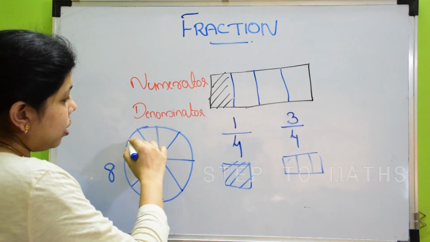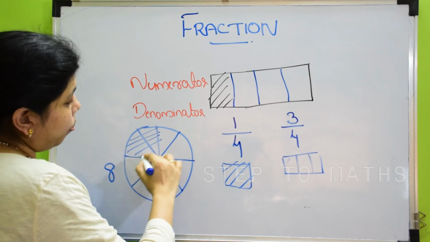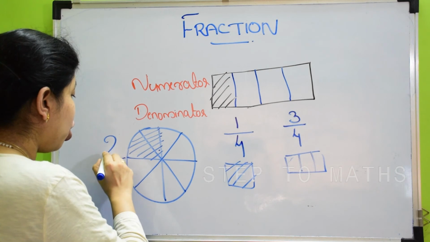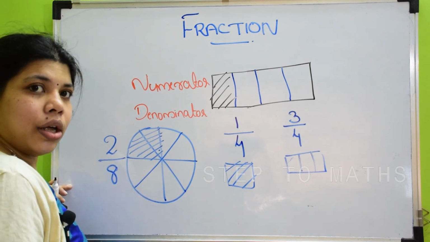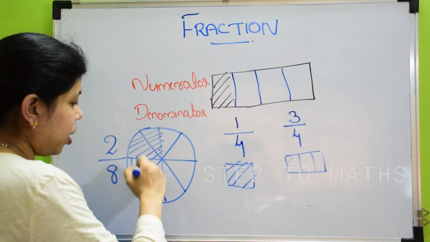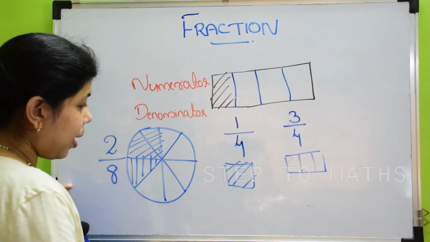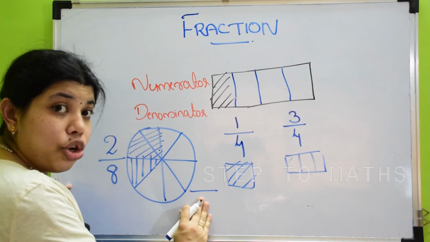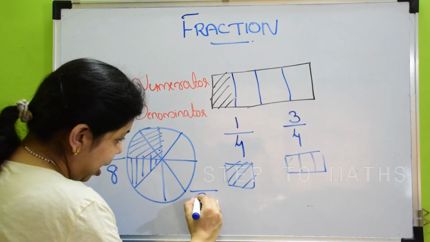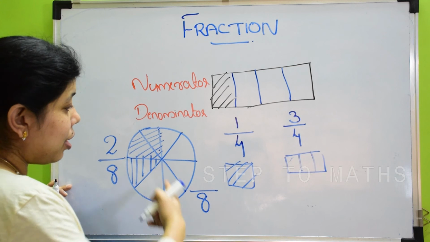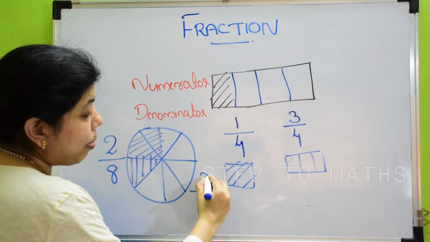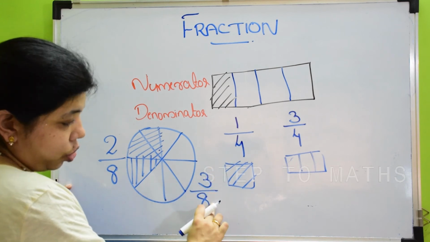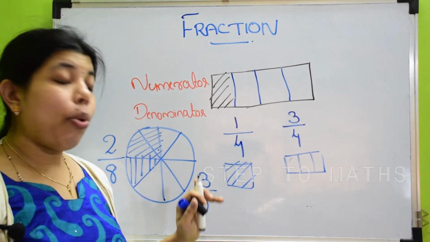And if we shade these two parts, now how many parts are shaded? 2 parts are shaded. If we shade this part also, then how can we write? What will come in the denominator? Total 8 parts. Out of 8 parts, 3 parts are shaded. So we can write it as 3 upon 8. We read it as 3 upon 8, numerator first.